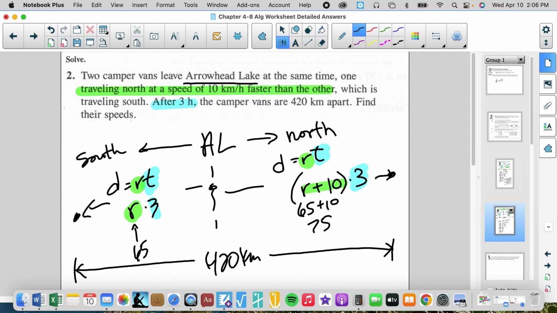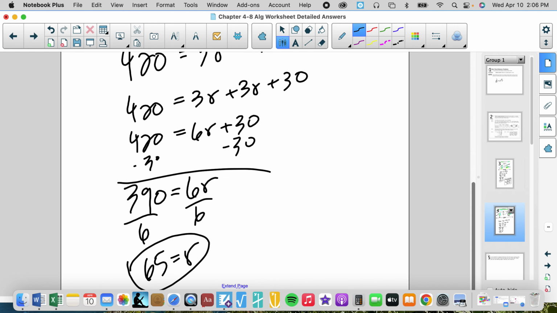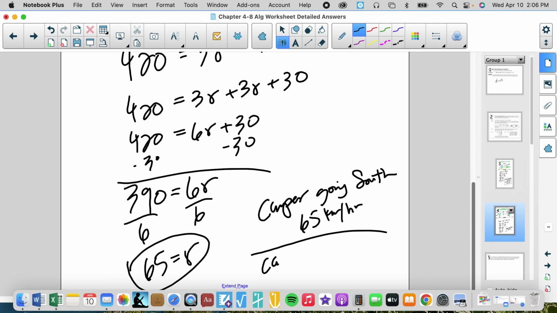So it says find their speeds. The camper going south is 65 kilometers per hour. The camper going north is going to be 75 kilometers per hour.